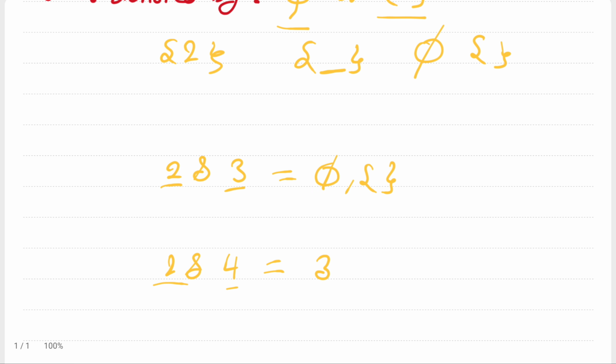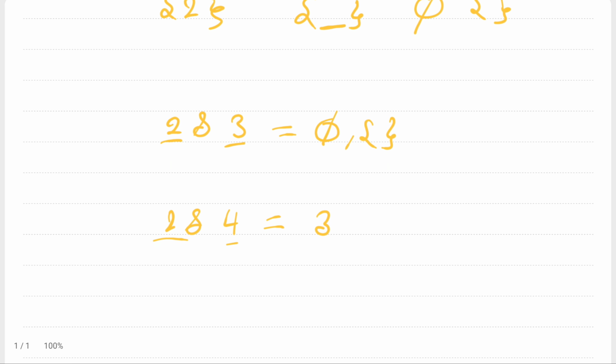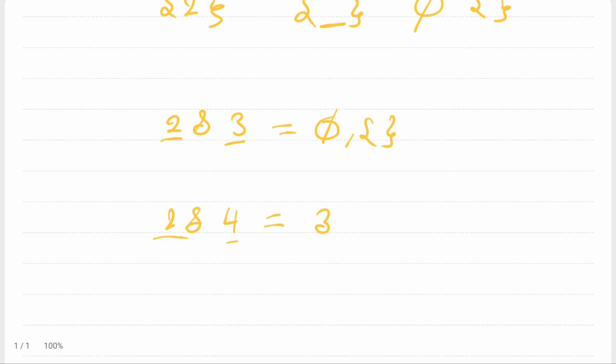Let's take another example: the set of natural numbers that are smaller than 1. Is there any natural number which is smaller than 1? Sorry, this question was written wrong. I will write it here.